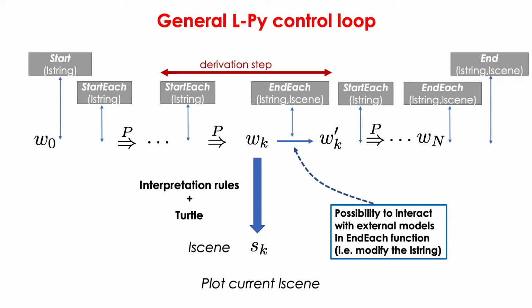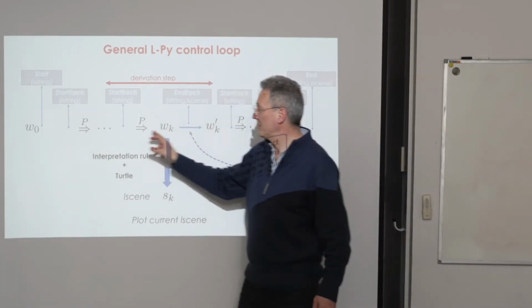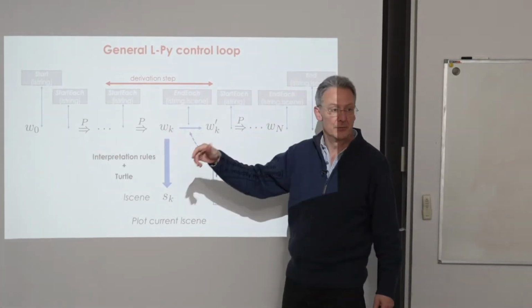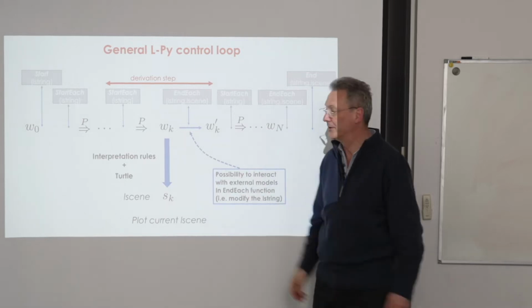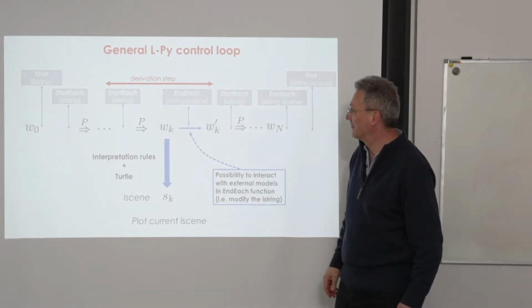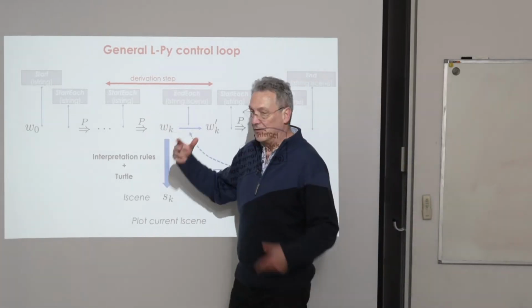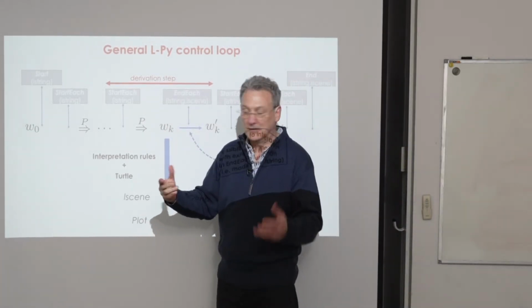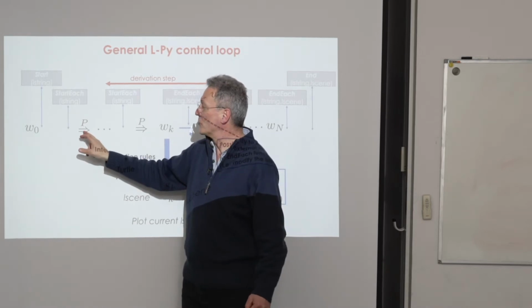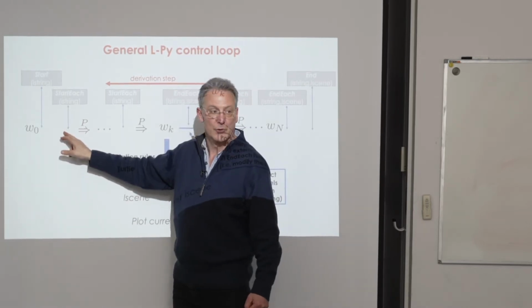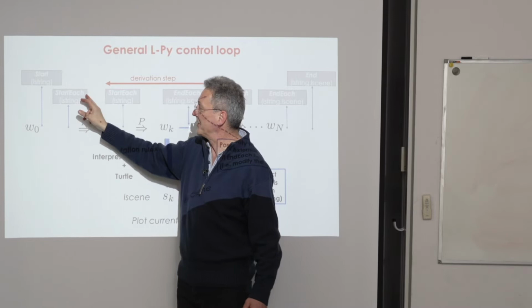Okay, now, what is very important, and this is what I was starting to explain just before, is that while you have a derivation that is made from the axiom to further derived lstrings, so you apply the rules P, things are more complex behind your back. Each time you apply a rule, before applying the rule, a function is called, which is called start each.